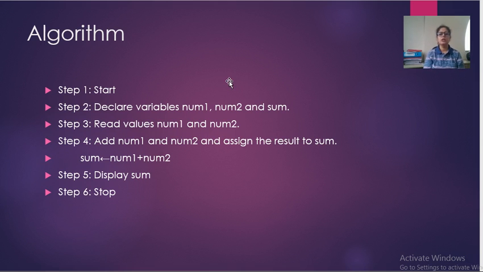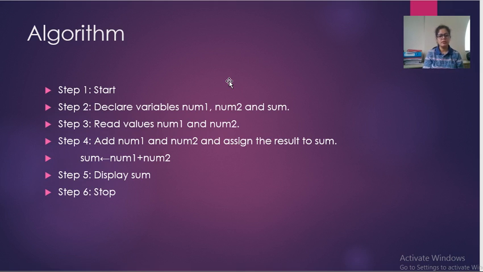Now I have taken an example of algorithm to show how we have to write the algorithm. I have taken an example of addition of two numbers. So for example, we have two numbers, we have to add them, and after the addition we have to transfer the result into some variable, and we have to display the result.